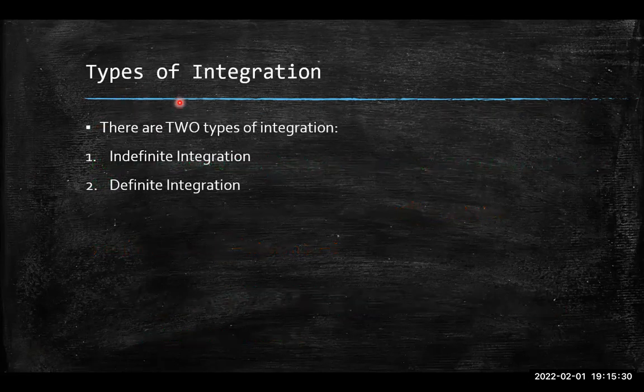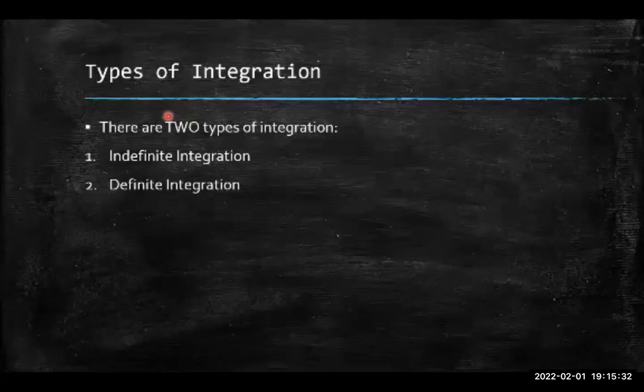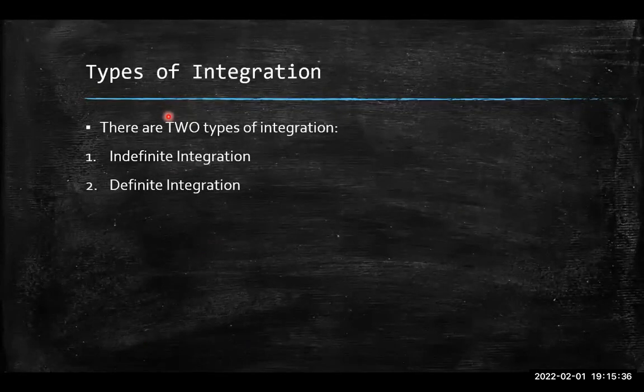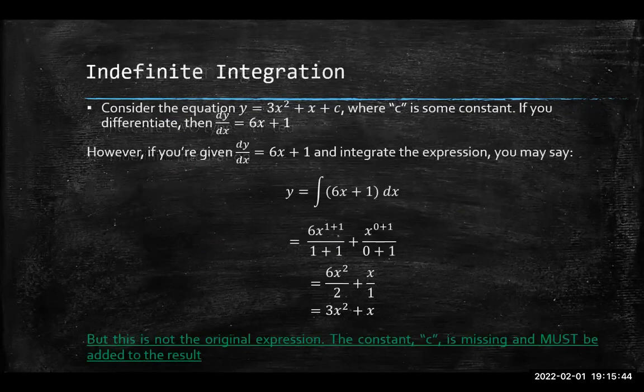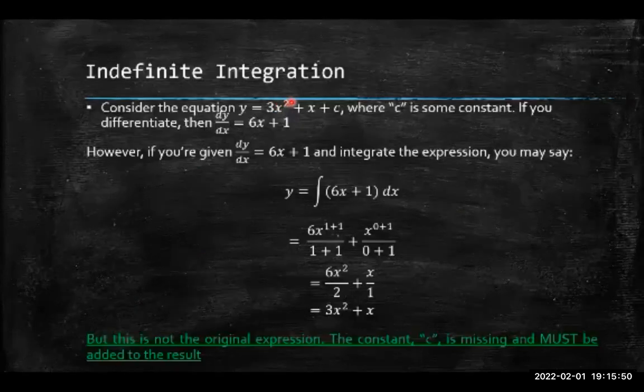There are two different types of integration, right? Like you saw in the syllabus, there's indefinite integration and definite integration. What exactly are those two types? What do they mean? Okay, so let's look further into that. Indefinite integration. Again, consider an equation y is equal to 3x squared plus x plus c.